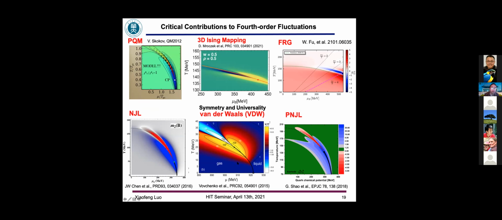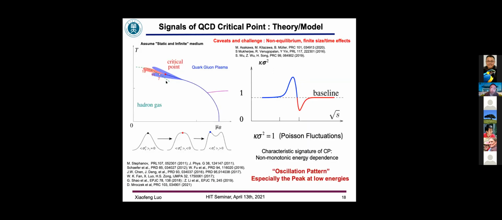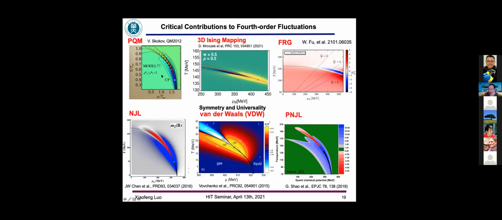That means if your system has attractive and repulsive forces, their competition will result in such behavior. And also the PNJL model. So I think this feature is really dominated by the symmetry and universality of the system, giving you similar features of these fluctuations.